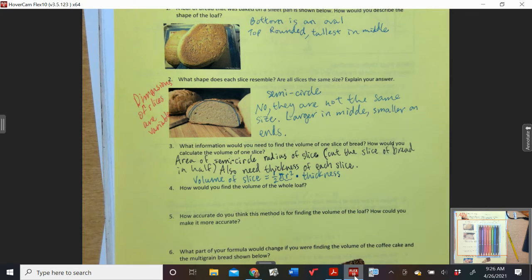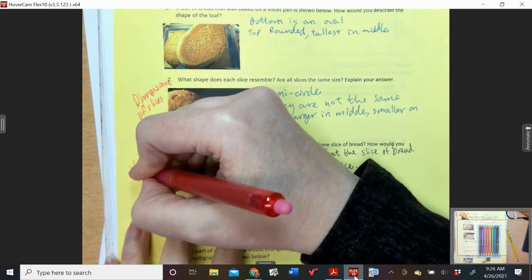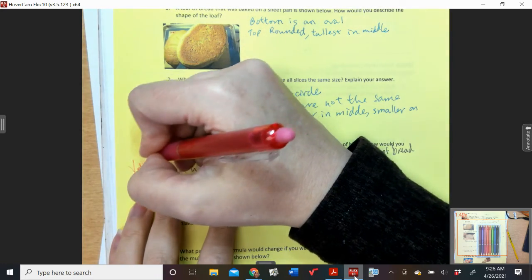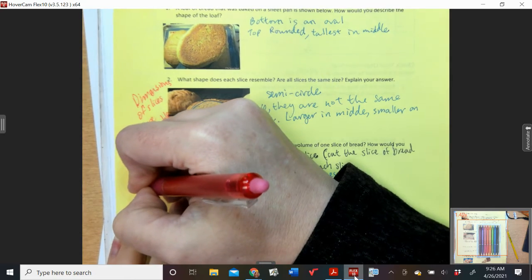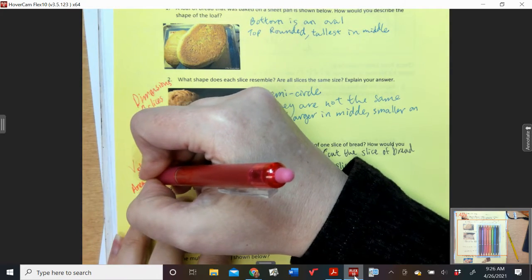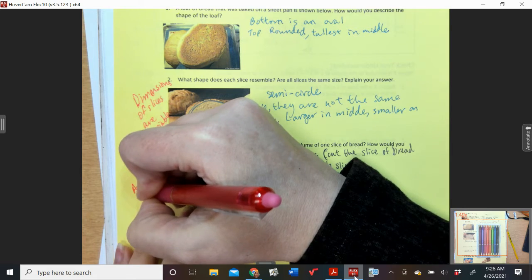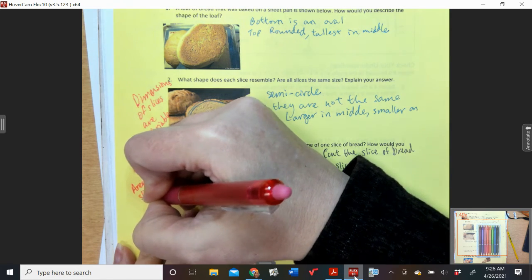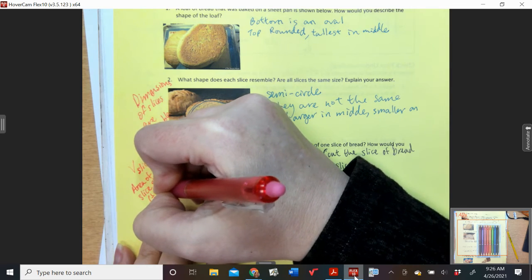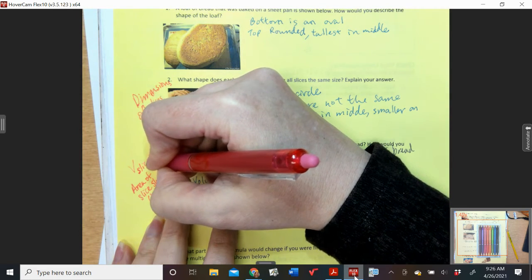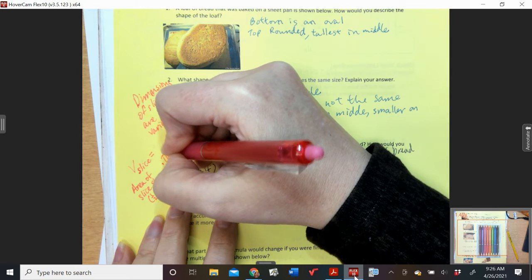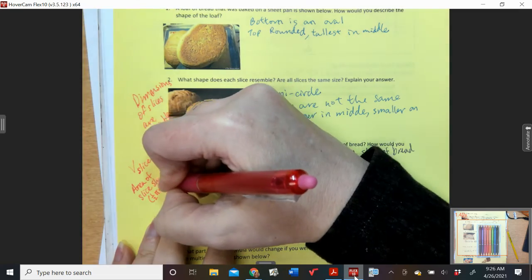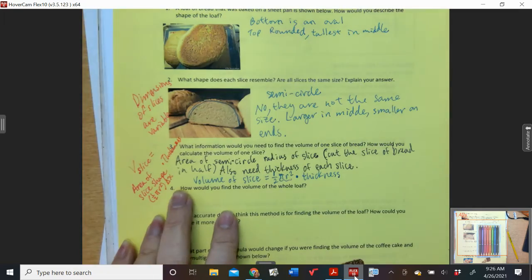The volume of the slice is equal to the area of the slice shape, in this case 1/2 pi r squared, times thickness, which we're going to call delta x.